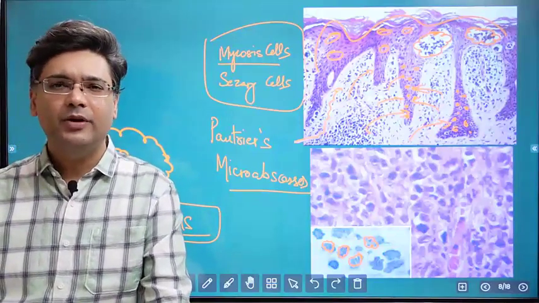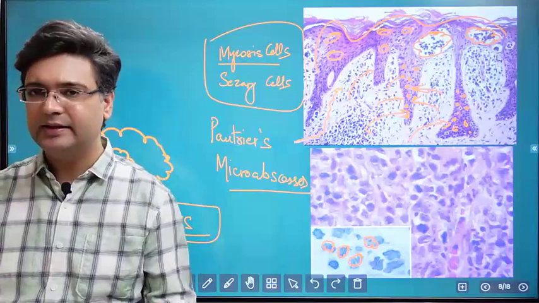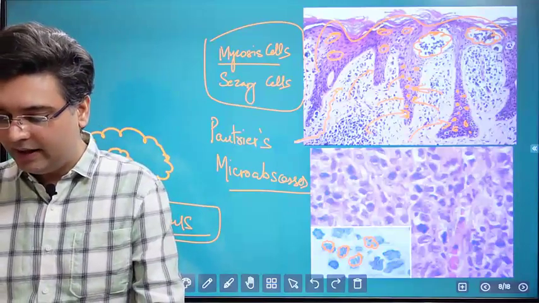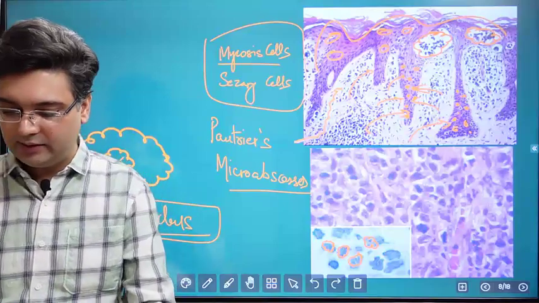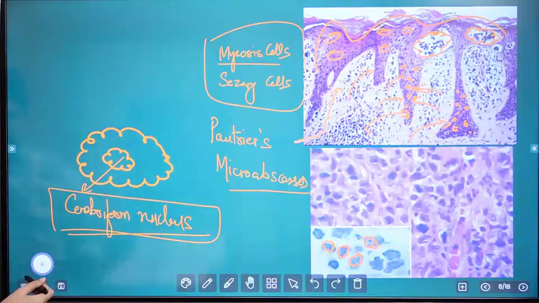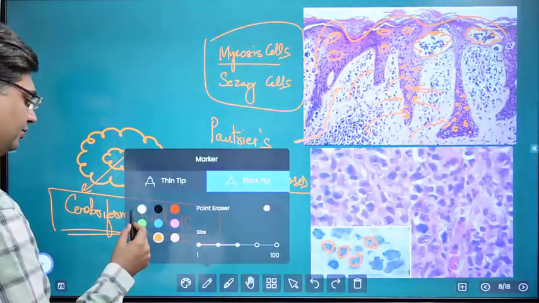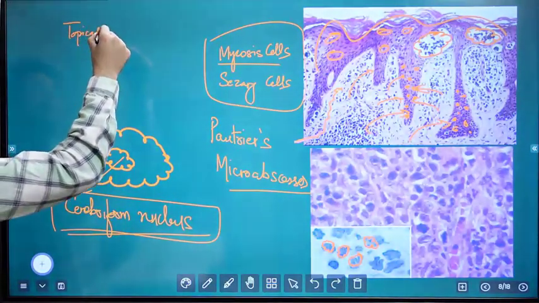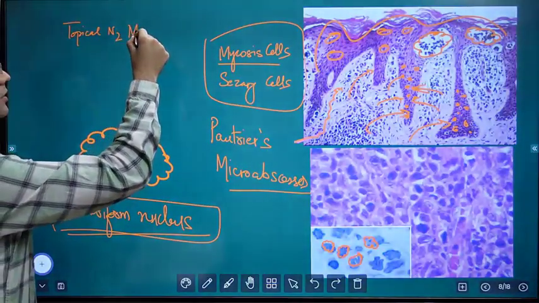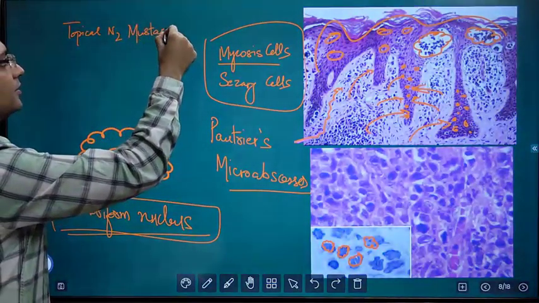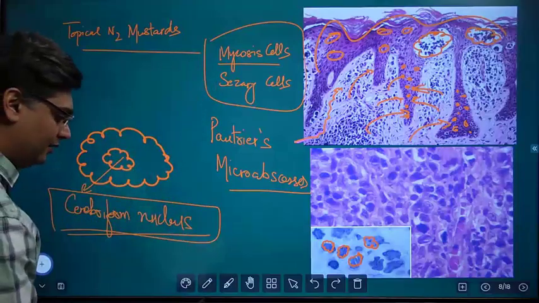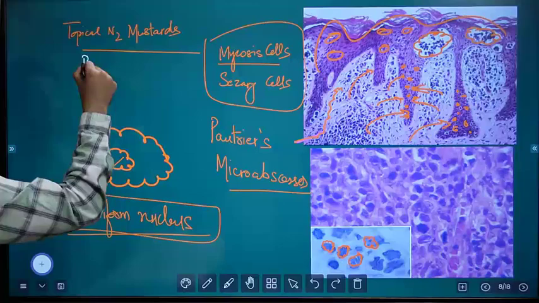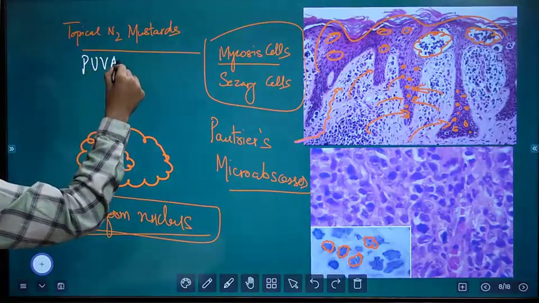Okay. What is the treatment for this? It's a cancer. It's actually a type of skin cancer. And here you can treat it by topical nitrogen mustards plus PUVA therapy. Okay, what can you do? You can take topical nitrogen mustards. And what else can we do? We can do PUVA therapy.